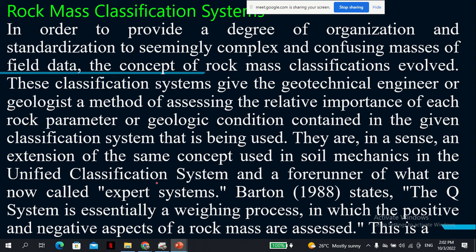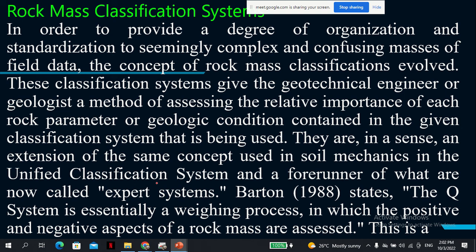They are in a sense an extension of the same concept used in soil mechanics in the Unified Soil Classification System, and a forerunner of what are now called expert systems. Like the USCS for soil, you can say this is well graded sand, poorly graded clay, silt or sand.